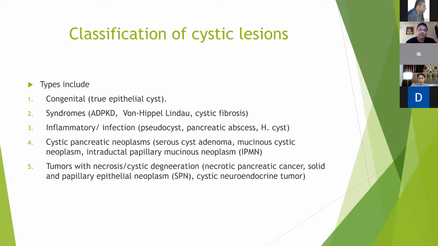There are also tumors with necrosis or cystic degeneration, such as necrotic ductal pancreatic adenocarcinoma, solid pseudopapillary epithelial neoplasm, and cystic neuroendocrine tumor. Due to time constraints, I'll be discussing the most common lesions that we will see in our clinical practice.